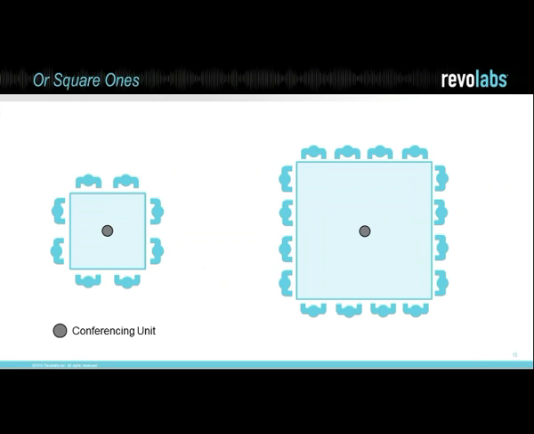If I have a square table, does that affect the unit I buy? It absolutely does. So here we have 2 examples of square tables. Again, we just have one conferencing unit in the center of each of these tables. That is perfectly acceptable, but these 2 conferencing units would not be the same one.